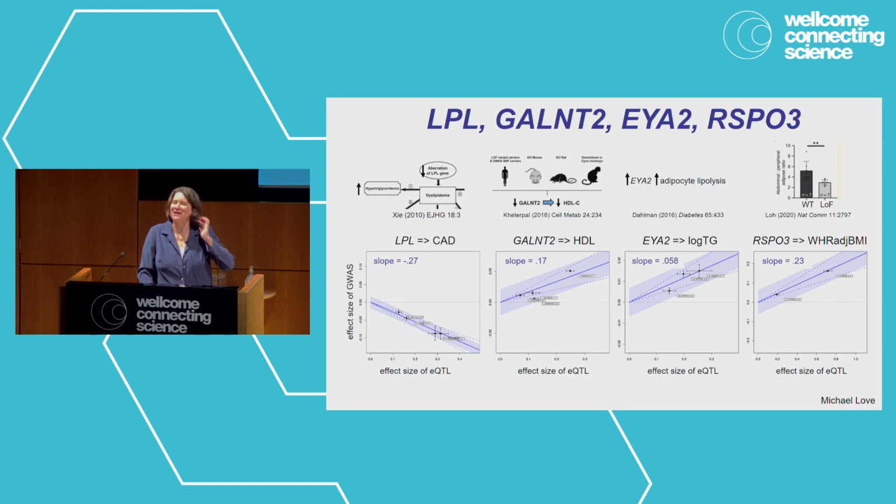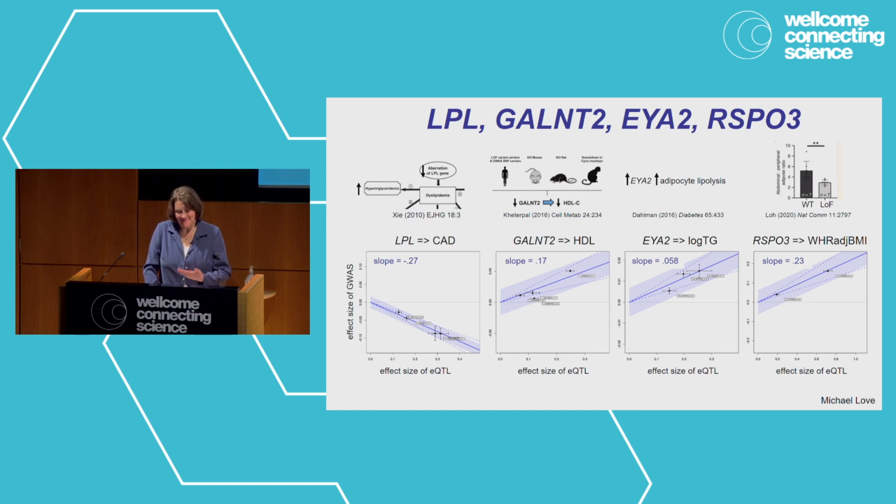Here are 4 pretty well-established examples, we'll call these the positive controls, where the signals associated with LPL gene variation correspond to coronary artery disease risk quite cleanly. Many signals match the well-established relationship between this gene and trait. The same for GALNT2.